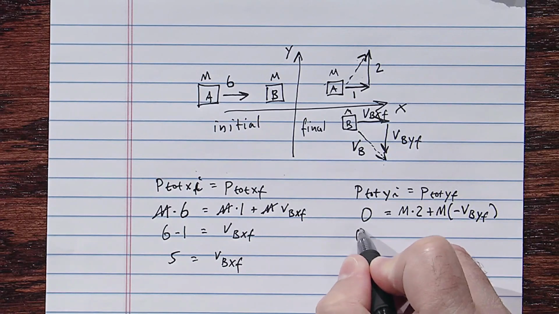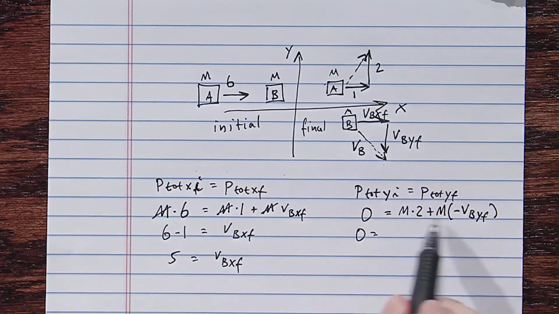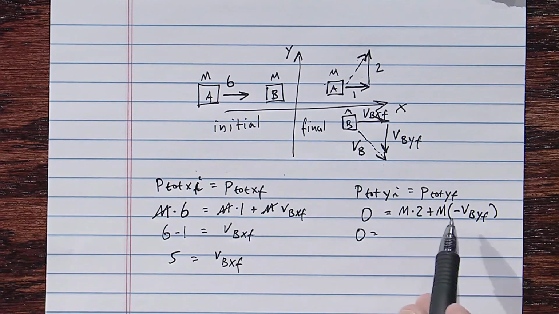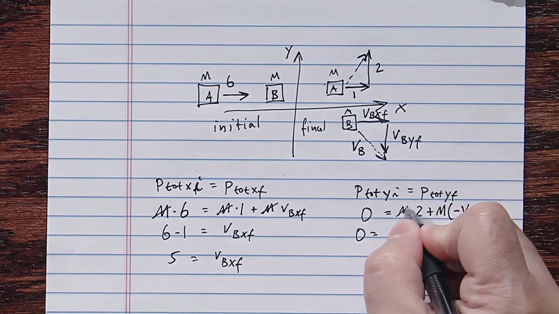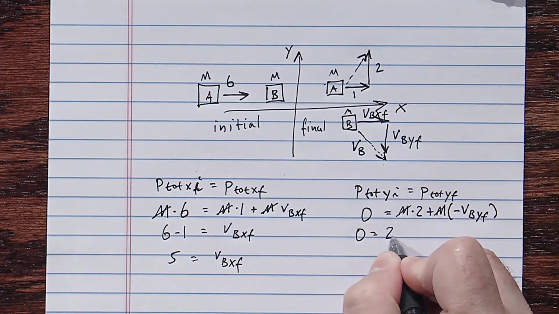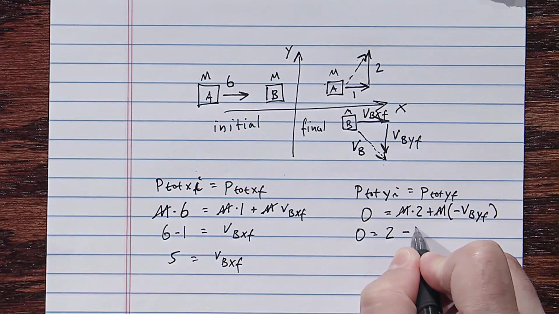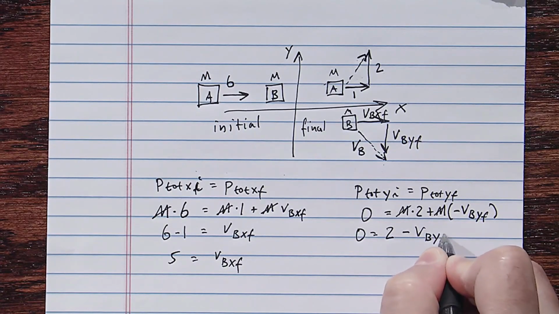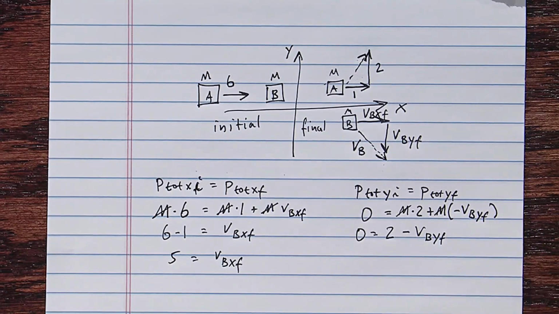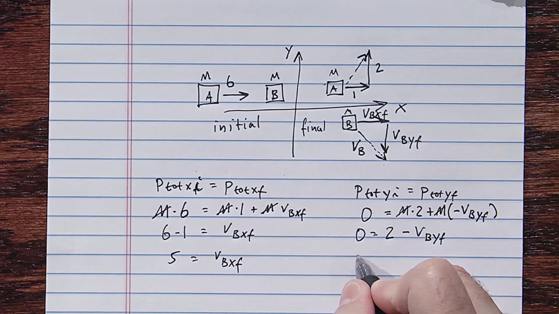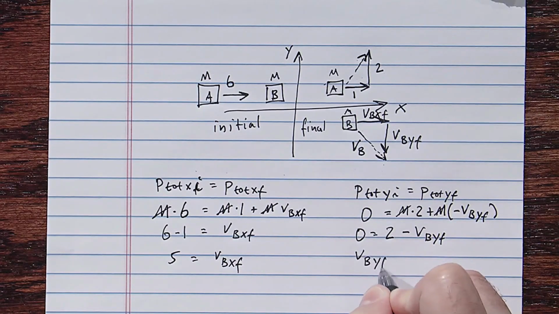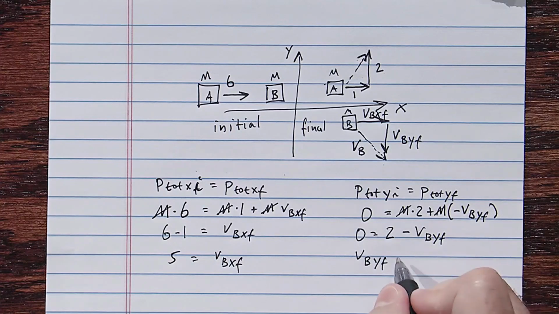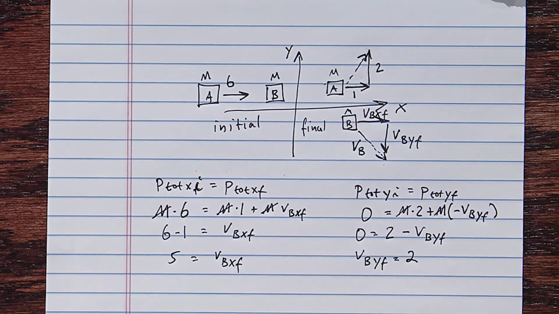So that tells us that 0, and once again, we have mass in every term. So we can divide by mass and cancel out the mass. So we have 2 minus V_B_y final is equal to 0, or V_B_y final, by adding V_B_y final to both sides, V_B_y final is equal to 2.